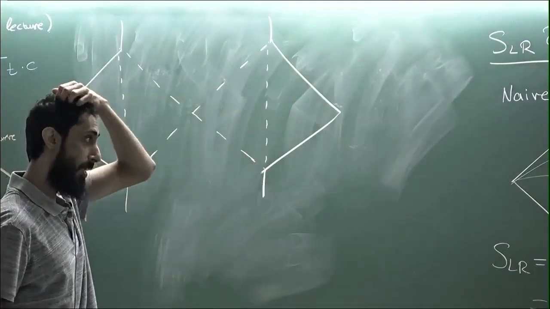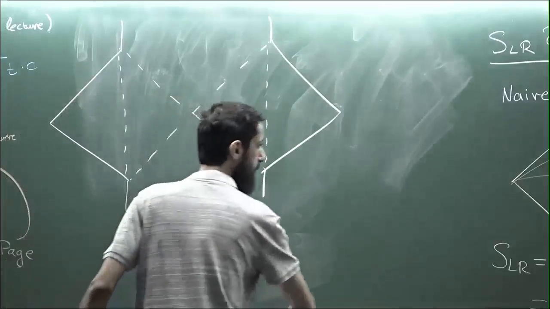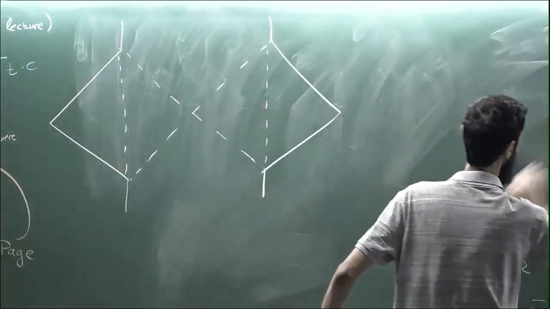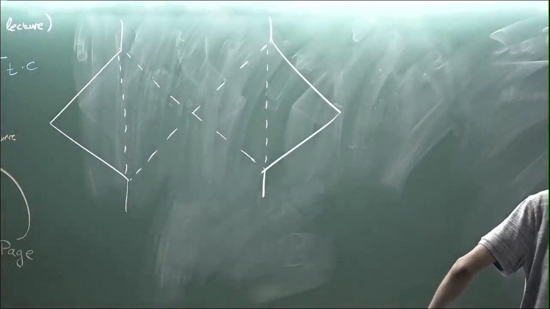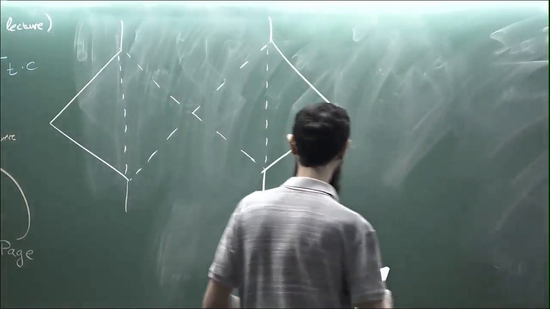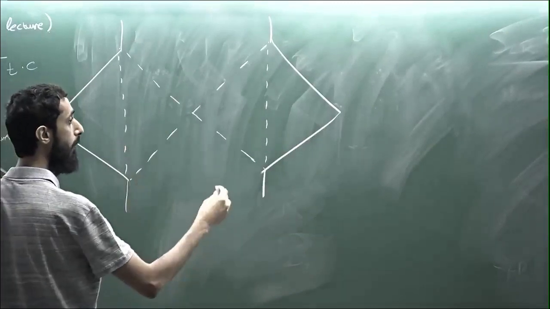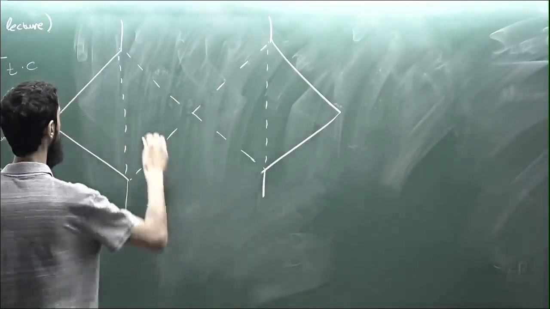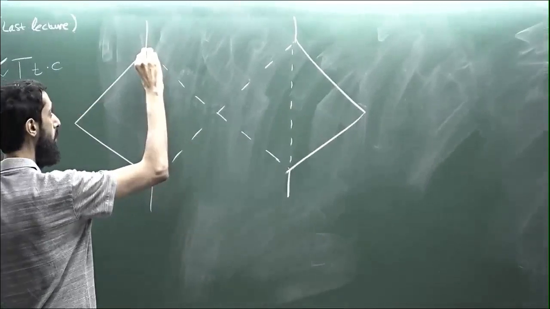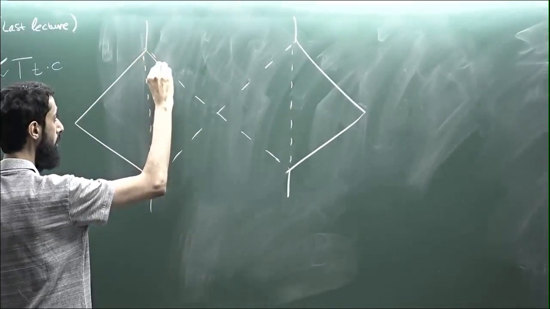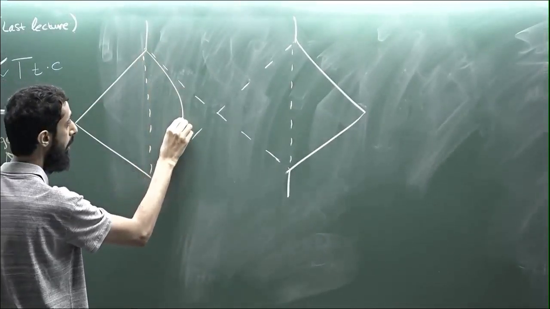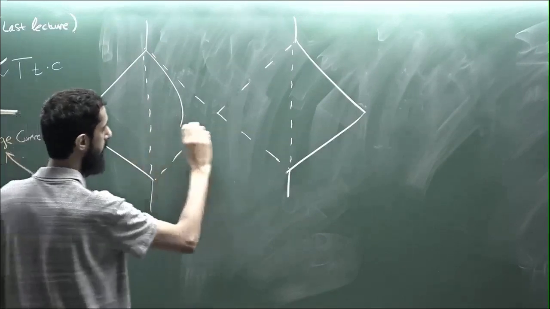I claim that you find a family of quantum extremal surfaces that approach the following locus of points. It looks something like this, all the way down, but I'm just going to stop there.